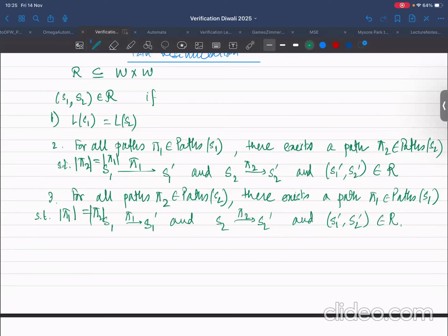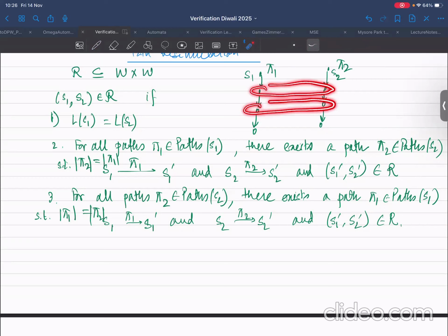So when I talk about for all paths, if you start from S1 and S2, at every state in the path, because there is a for all quantification on the paths, for every path pi 1 here and pi 2 here, at every intermediate point these are also bisimilar, right?